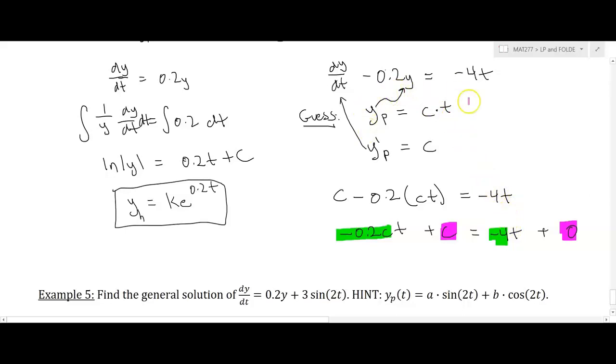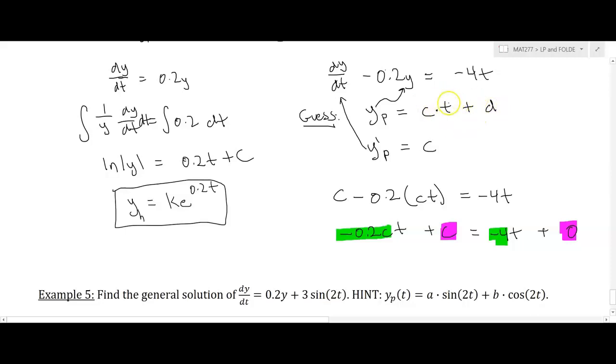So one way around this is to say, well, I need another dial to be able to turn here. And the trick to problems like this is that if you know your function needs to be linear, then start off with a full-blown linear equation. So make this ct plus d.